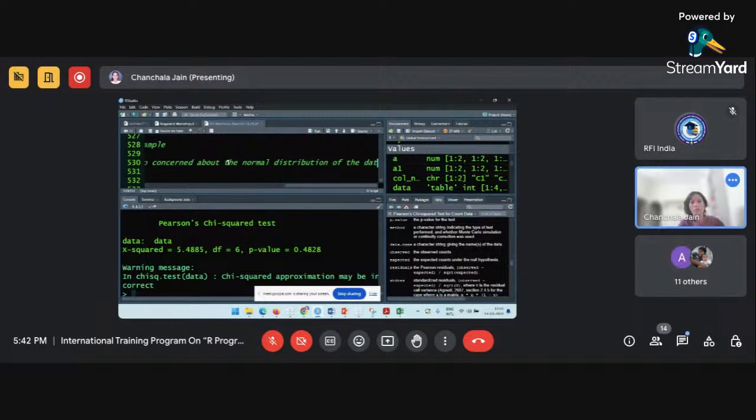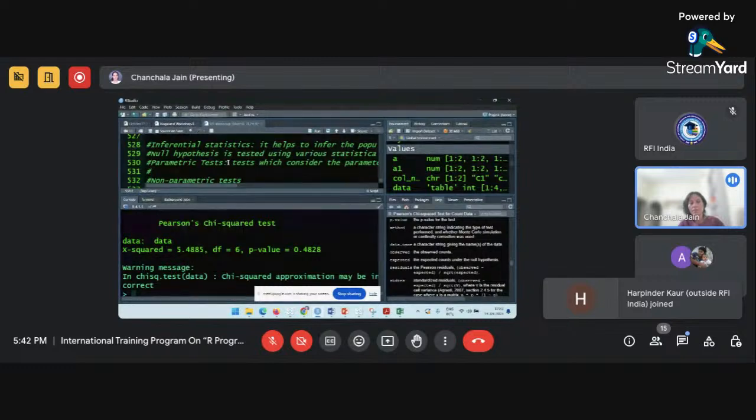In that case, we can say that these tests are parametric tests. In this category, generally you can keep the t-test, ANOVA, regression, and correlation. Likewise, these are some of the parametric tests, right?